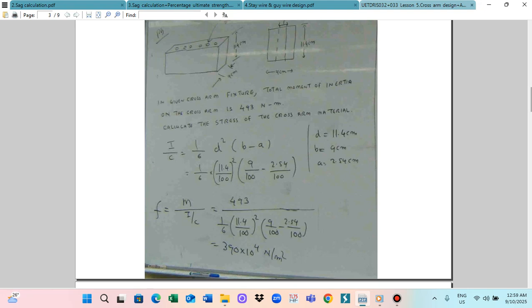After that, we can calculate the stress. Stress F is equal to the total moment M divided by I by C. So in this case, M is the total moment on the cross arm, and F is the stress.